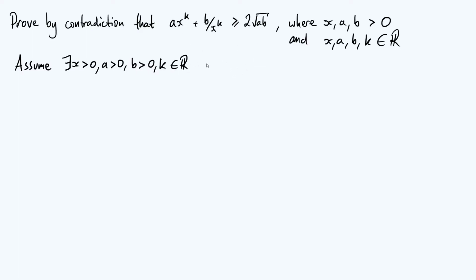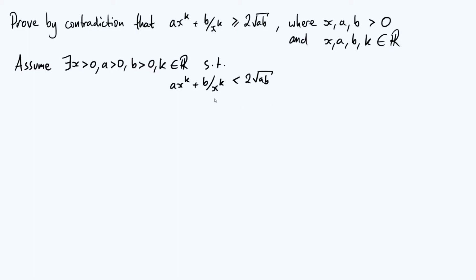So we're assuming there exists this combination of parameters such that ax to the k plus b over x to the k is less than 2 root ab. And we're going to follow this through and see what the logical consequences of this assumption would be.